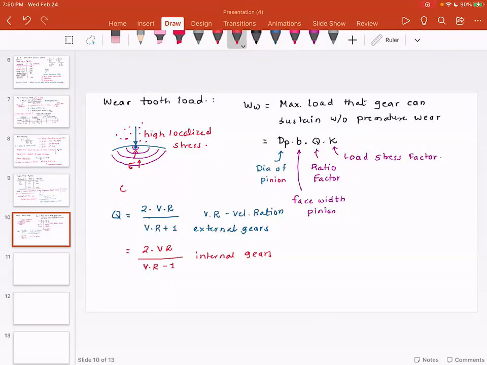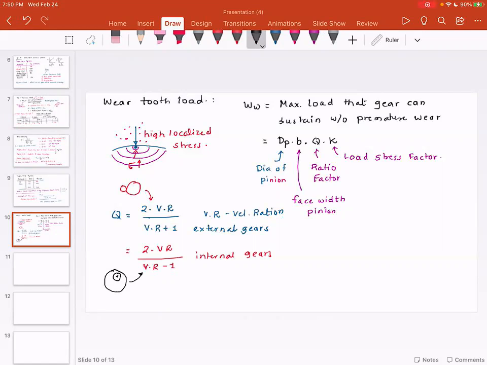Which means if you have gears that are like this, then you would use external. And if you have an annular gear and a gear which is inside, then you will use this equation.